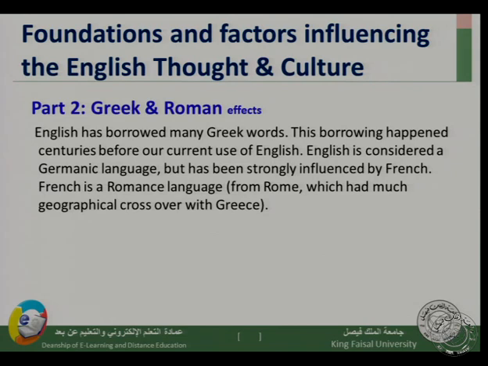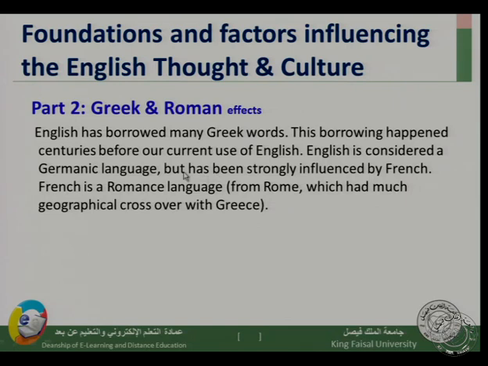English has borrowed many Greek words. This borrowing happened centuries before our current use of English. English is considered a Germanic language, as we have learned earlier, one of the languages influenced by the Germanic tribes.